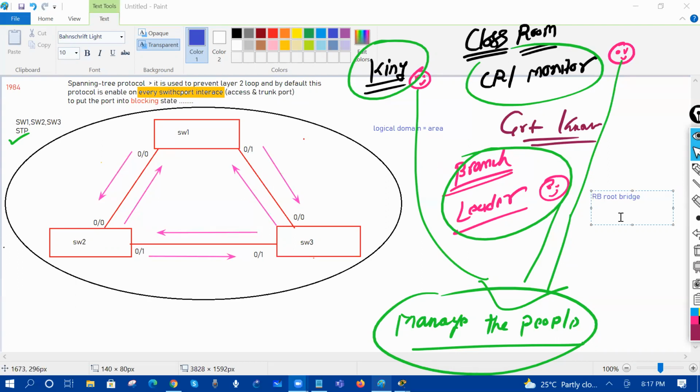To hold an election of the root bridge. And what is the root bridge? The root bridge will be your leader, your king, that is going to manage the complete spanning tree topology.